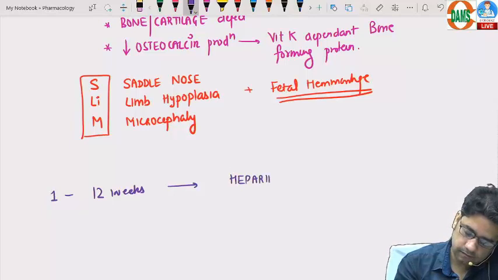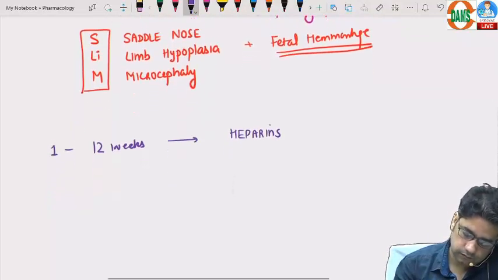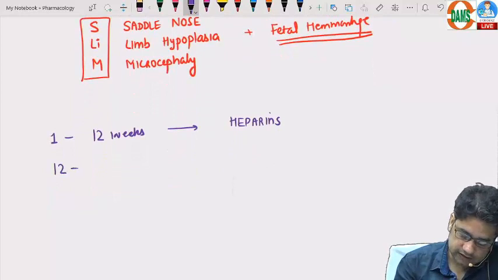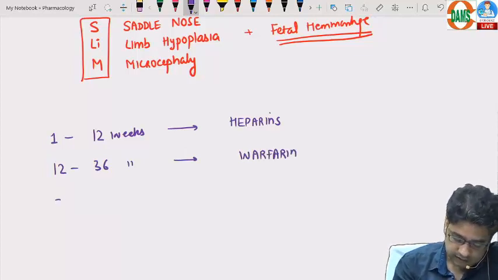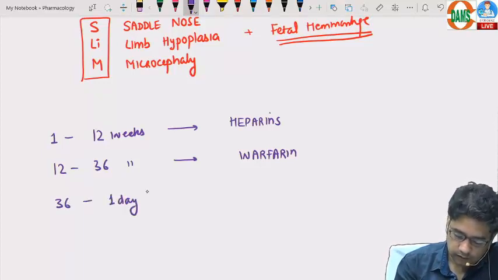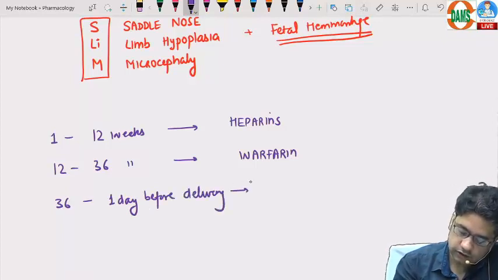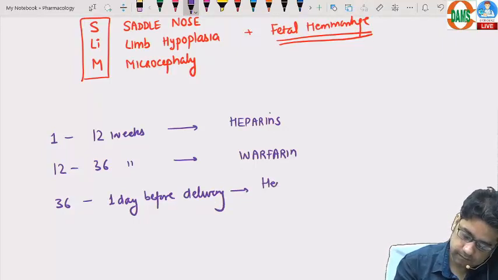Heparin. 12 to 36 weeks, warfarin. 36 weeks to 1 day before delivery, again you will switch to heparin.